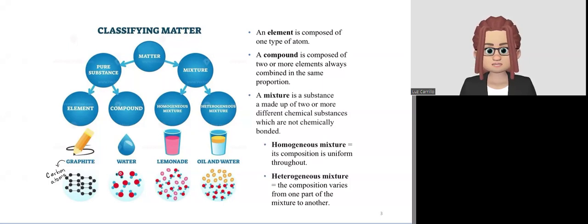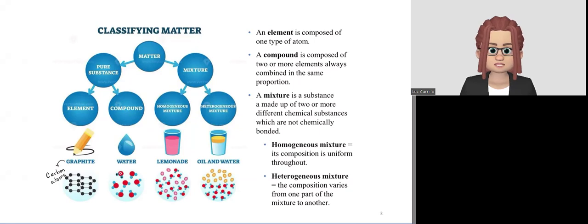When it comes to pure substances, let's understand that matter can be classified further into elements and compounds. An element is a substance that is composed of one type of atom, and the elements are present in the periodic table.